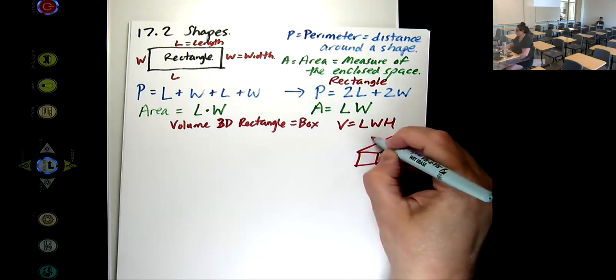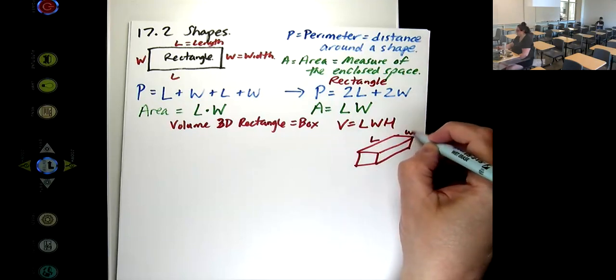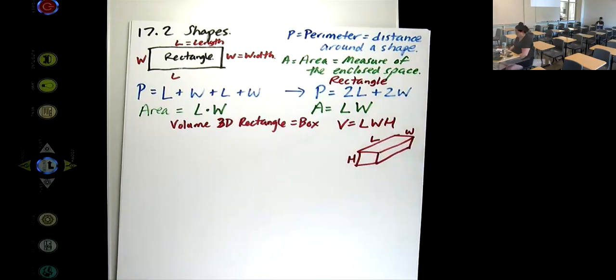I've got L going down that side, W going there, and H going here. That is pretty useful to know. I don't know why they didn't include it. It's useful to realize, like how much volume you have to mail something, how many cubic inches you've got that you can mail.